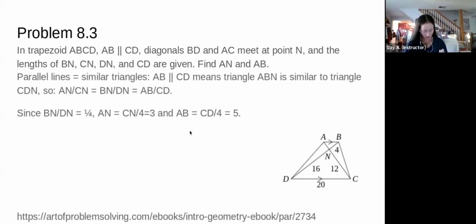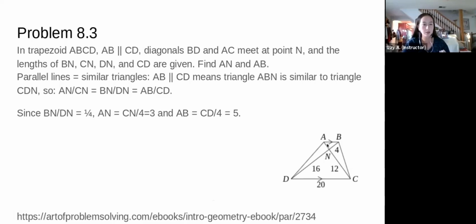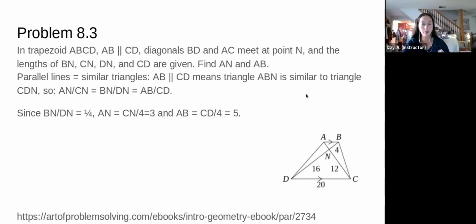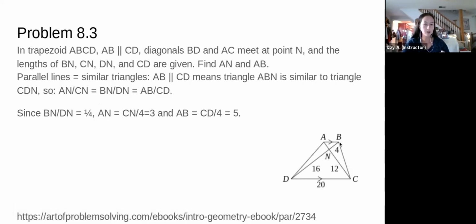Because we have parallel lines, we can deduce that there might be similar triangles. Since AB and CD are parallel, triangle ABN is similar to triangle CDN. So we can set up the following proportion: AN over CN is equal to BN over DN, which is equal to AB over CD.